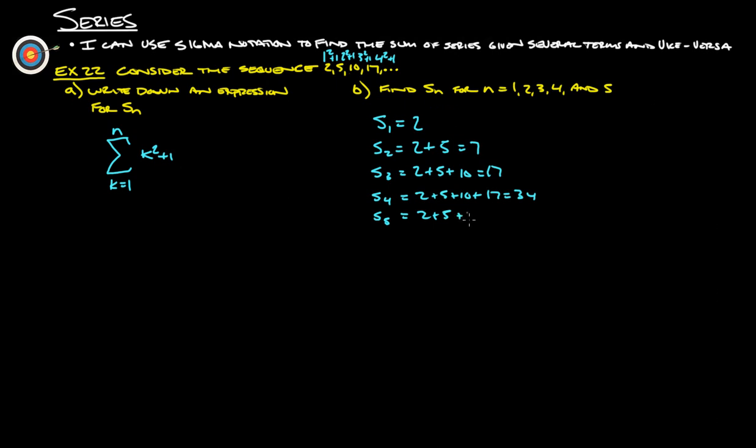We don't know the fifth term, but we can figure it out, because we can plug 5 in. 5 squared is 25, plus 1 is 26. So really we're just adding this 26 to the 34, which gives us 60.